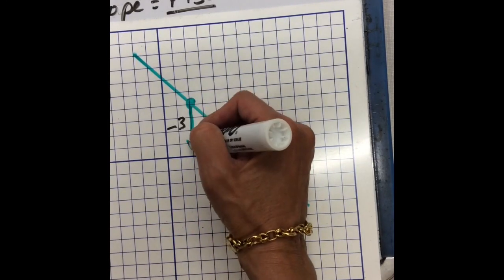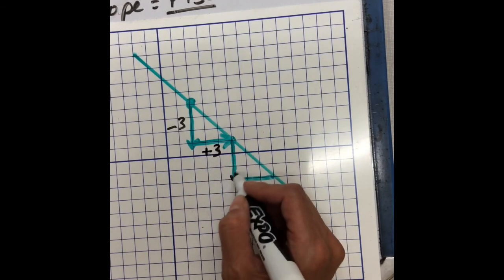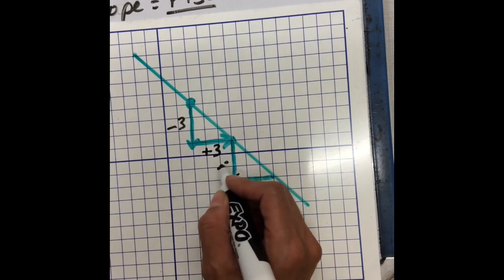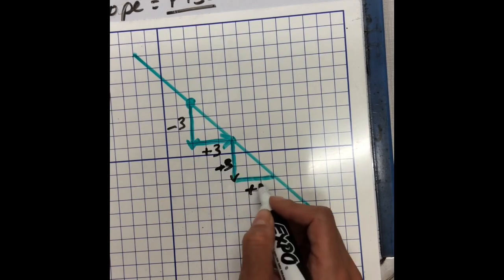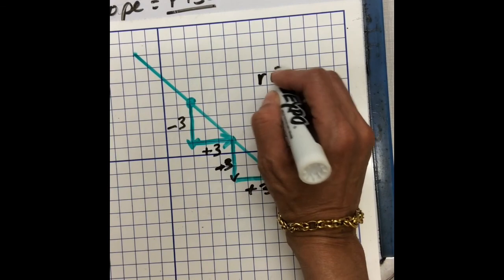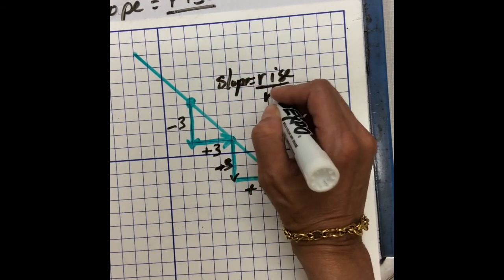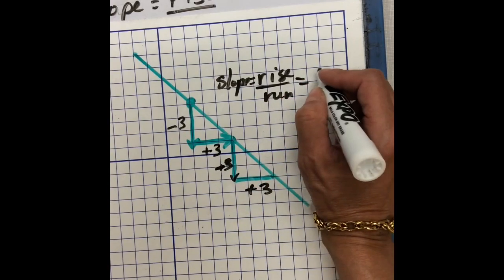You're going down 3 and to the right 3. Down 3 and to the right 3. And this can go on like this. And so I can write slope is equal to rise over run is equal to -3.